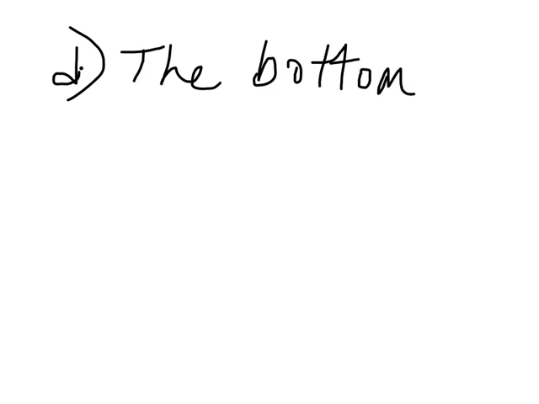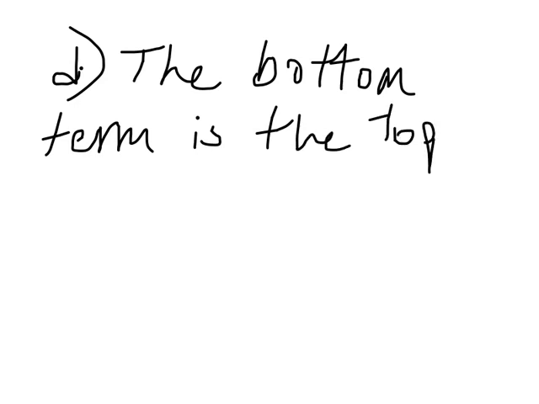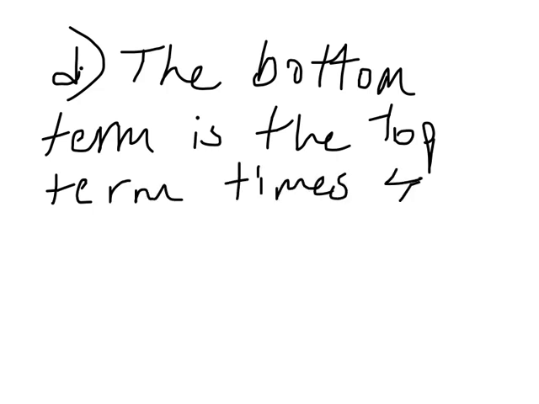So part D, the bottom term is the top term times 4. So that means, alright, 5 times 4 makes 20, if you're looking at your work that we've done. 10 times 4 makes 40, and so on. So this is another true statement of corresponding pairs.